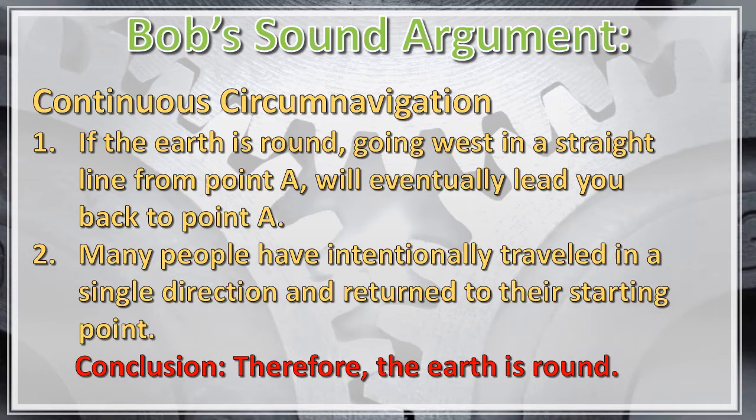Since we have seen that the first and second premise are true, the next thing to ask is this: does the conclusion make sense based on the premises? And in this case it does, so the conclusion follows from this argument. The facts and this argument are working together in a logical way to support the conclusion that the earth is round.